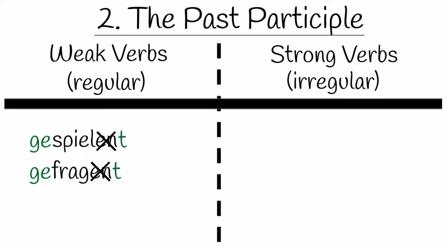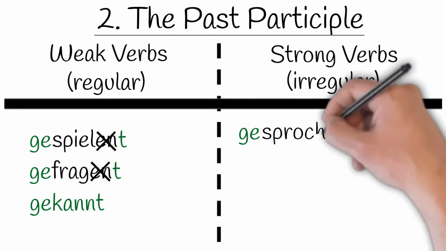There are also some weak verbs which change a little bit more than that, like the vowel in the middle. For example, kennen, the word for to know a person or a thing, becomes gekannt, but we'll simply learn those as we go. Strong verbs, on the other hand, keep the en at the end of the verb instead of using a t.